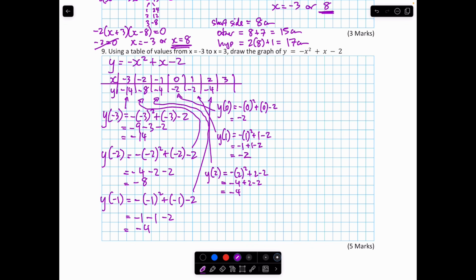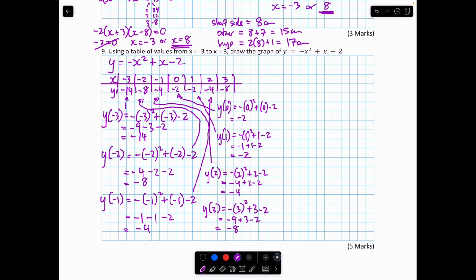Last one, y when x is equal to 3: negative 3 squared plus 3, take 2. 9, negative 9 plus 3, take 2. Negative 9 plus 3 is negative 6, take 2, negative 8. So I have all my coordinates that I can graph now.